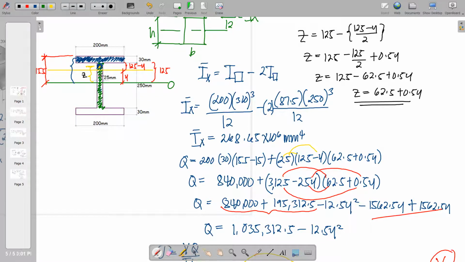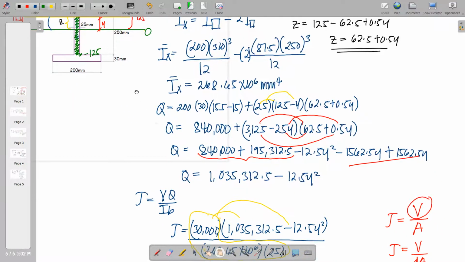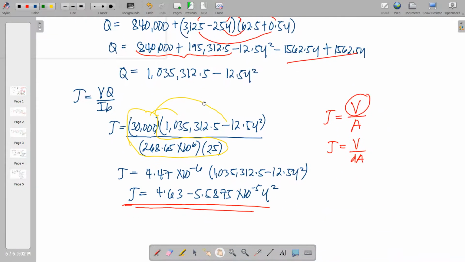So meaning we'll just be integrating that one along the web only because our concern is the shear at the web. Okay, so if this is the zero line, therefore this is negative 125 and this ordinate will be positive 125. So our integrand will be from negative 125 up to positive 125. So take note of that.